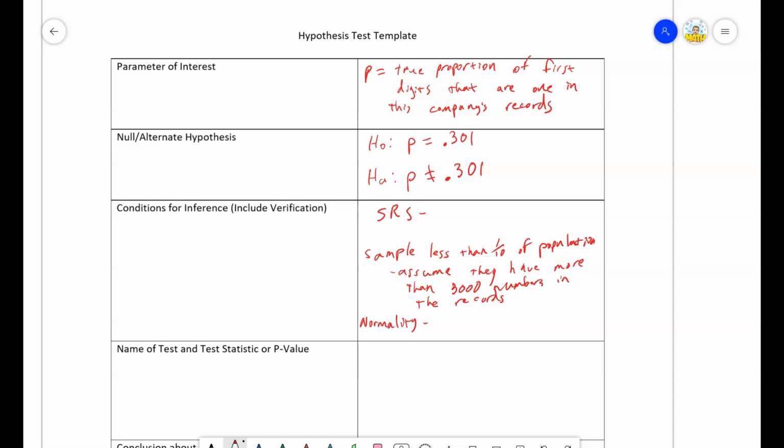And for normality, they took a sample of 300. So we would say 300 times 0.301 is definitely going to be greater than 10. And then 300 times 1 minus 0.301 will also be greater than or equal to 10. Okay, both of those are true.